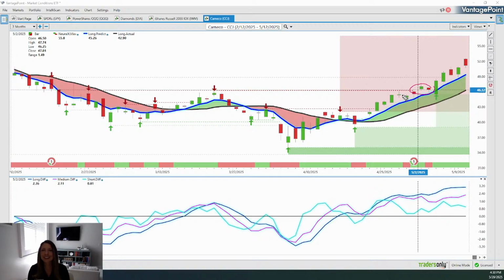It's usually up against a key level. So if you've ever wondered why price is just kind of stalling out at a point, you should look at your support and resistance to see whether or not we're up against those levels. Nine times out of 10, you're going to be up against a support or resistance or some sort of key level that's just pausing price right where it's at, saying, hang on, we don't know if we want to go any further just yet, right?